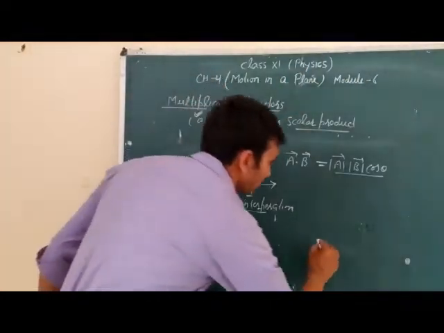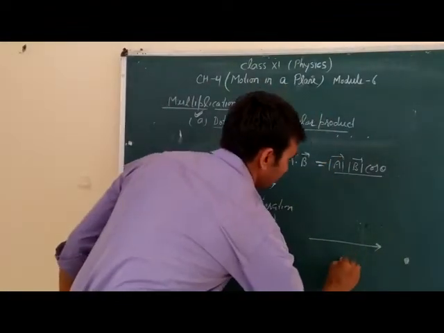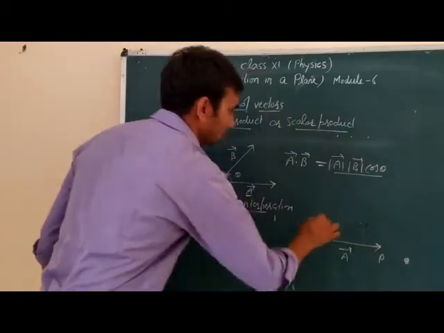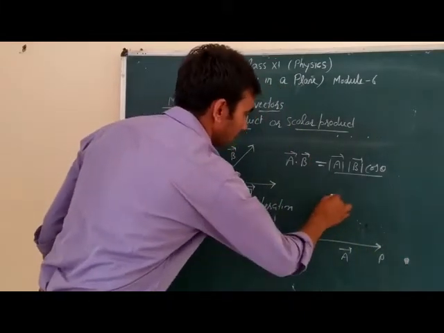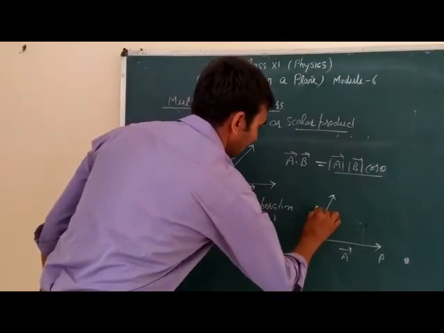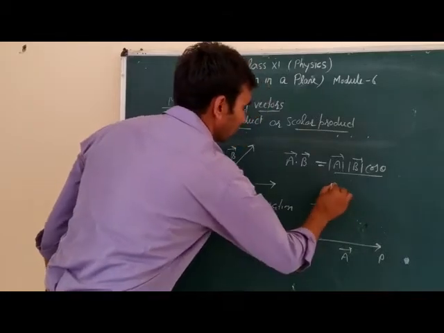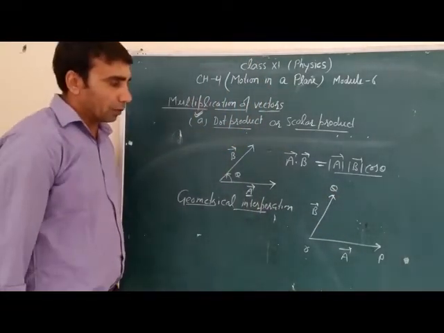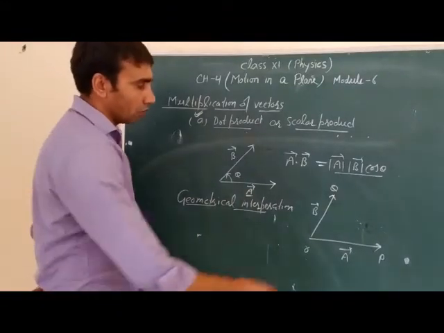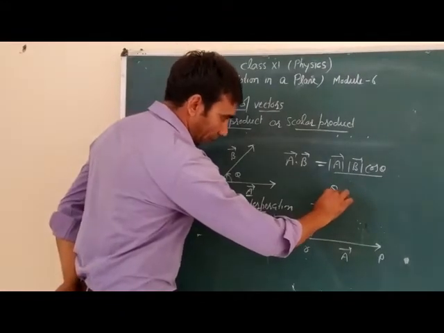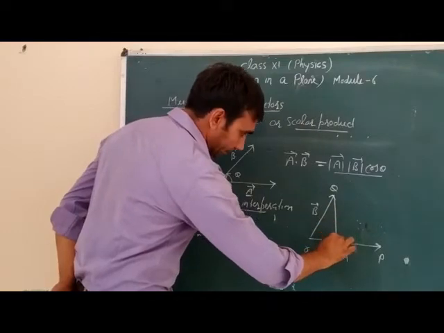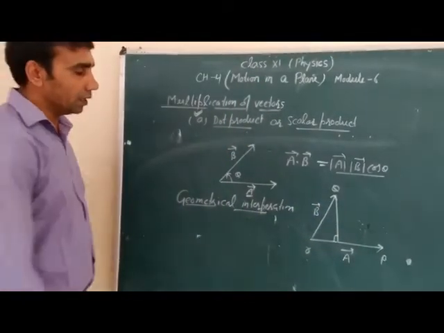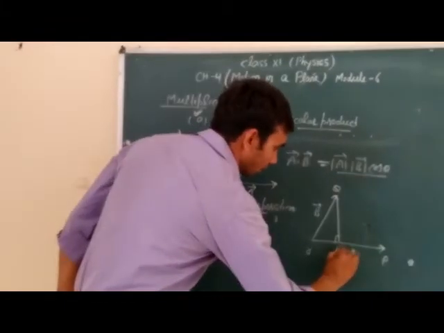This is vector A, OP. This is another vector B, OQ. From point Q, draw a perpendicular on vector A; this point is R.